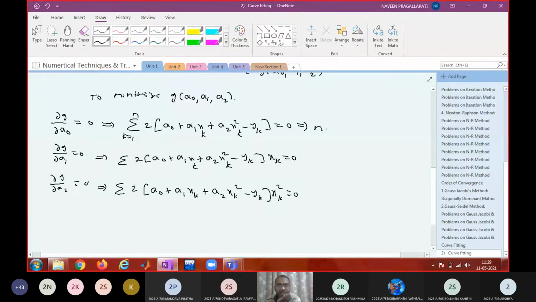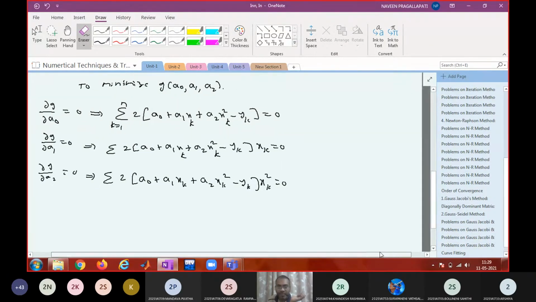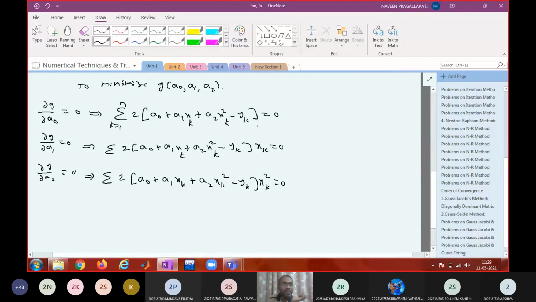So this is n a0 plus a1 into sigma xk plus a2 into sigma xk square is equal to sigma yk. Am I right?